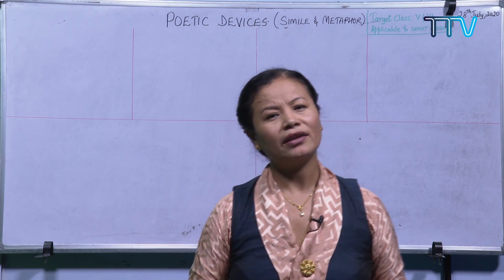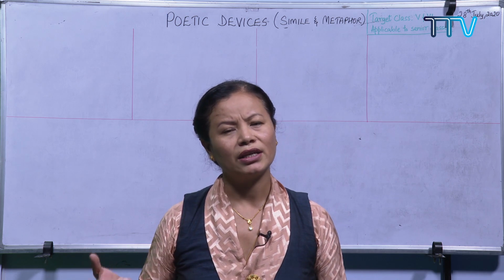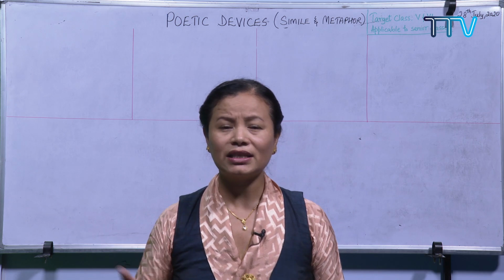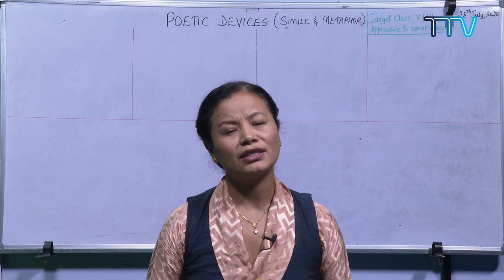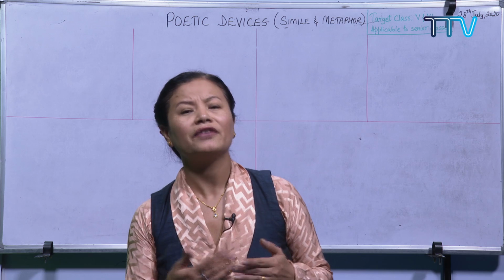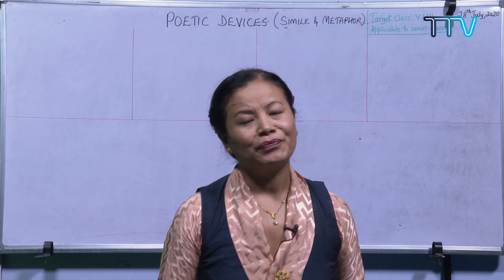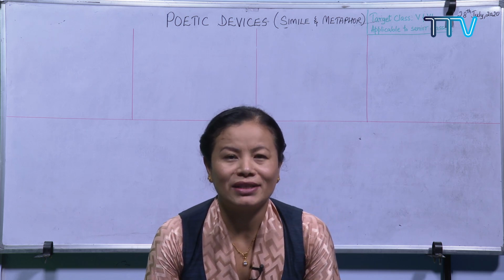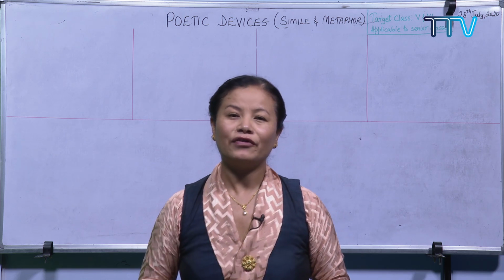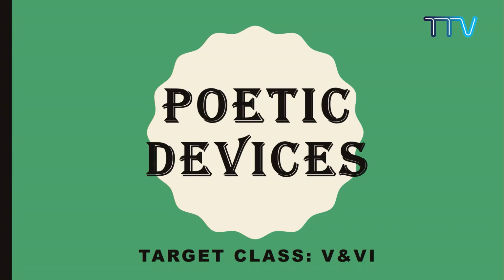But there are some specific poetic devices which are introduced only in grade 7 and 8, and in that case it would be difficult for grade 5 and 6 students to understand those poetic devices. That is the only reason why we have segregated. So, let us begin with two poetic devices for today for class 5 and 6, and since this is for grade 7 and 8 also, you can also watch.